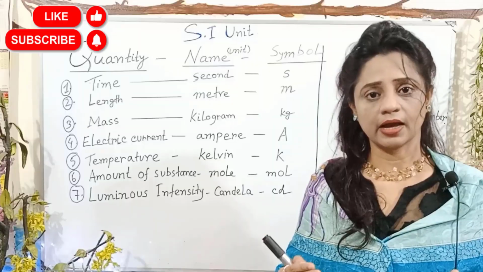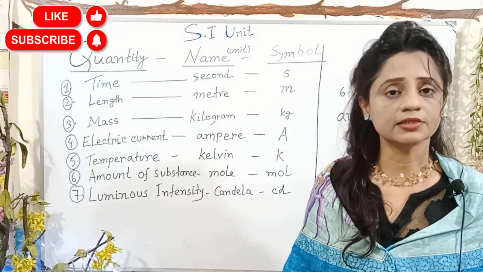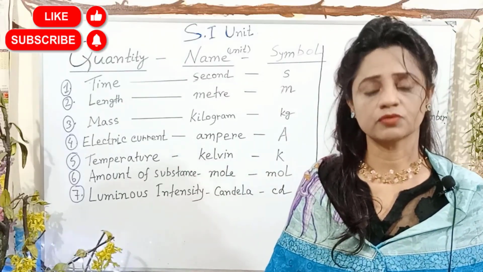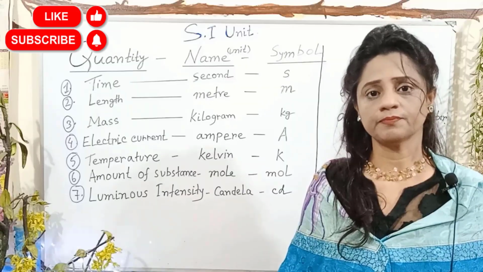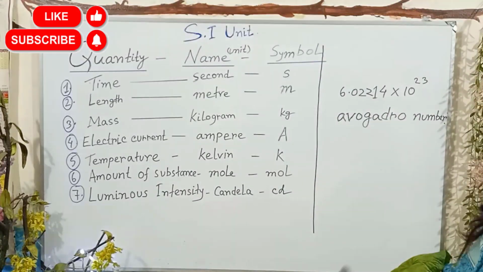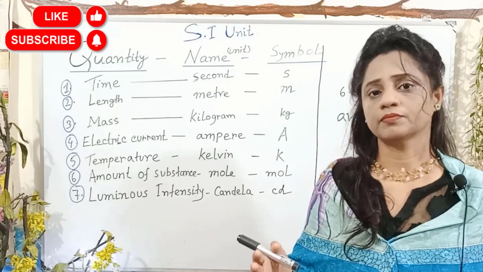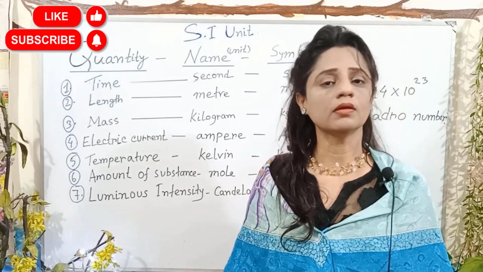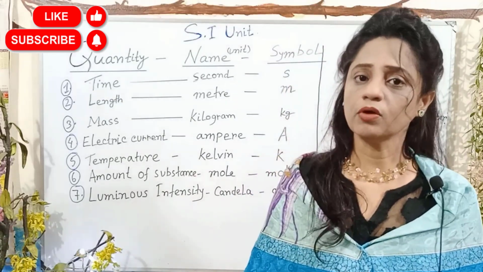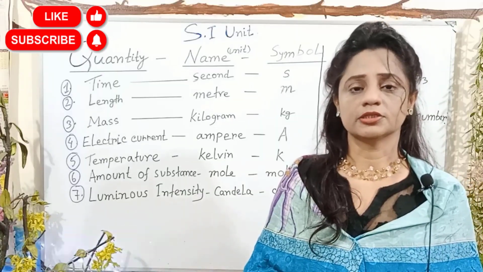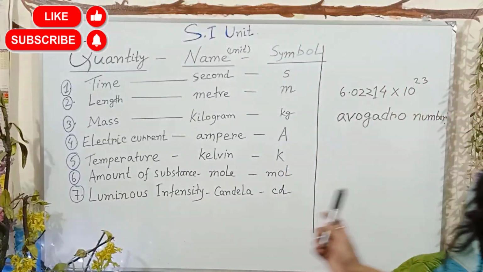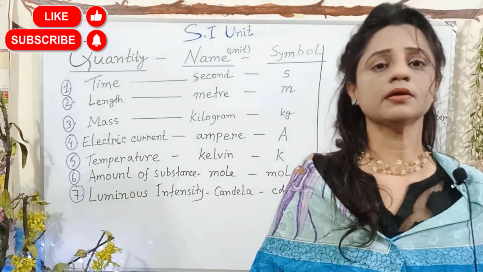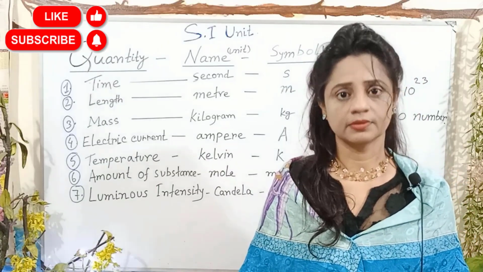There is a difference between atomic mass, real atomic mass and relative atomic mass. Relative atomic mass of carbon is 12 gram. So we can say 12 gram of carbon equals 6.02214 times 10 to the power 23 carbon atoms, and also we can say 1 mole of carbon, or 1 mole of carbon atoms. And this number, 6.02214 times 10 to the power 23, is known as the Avogadro number.